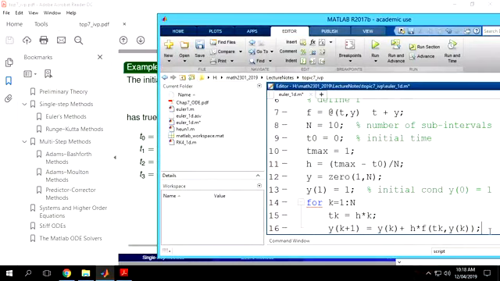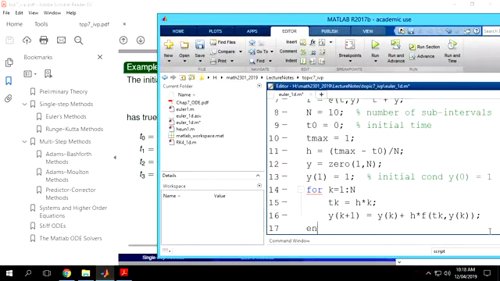Okay, and now this one has to be n plus 1, because the last step can be n plus 1. Okay, so now we run it.